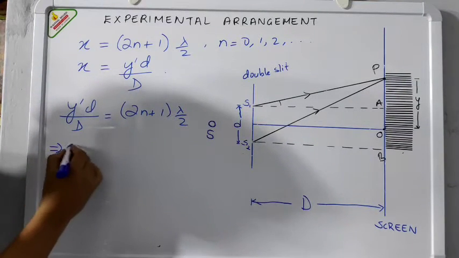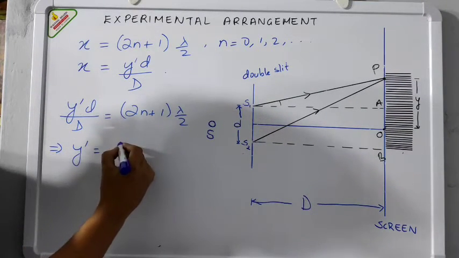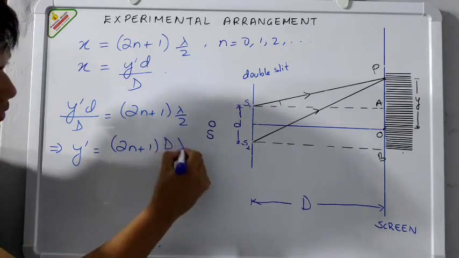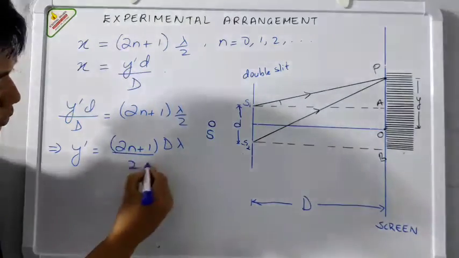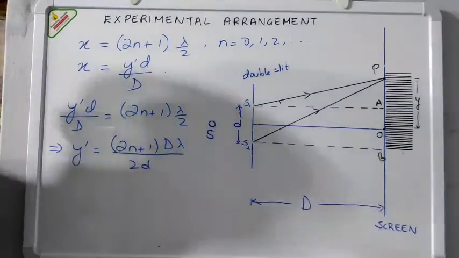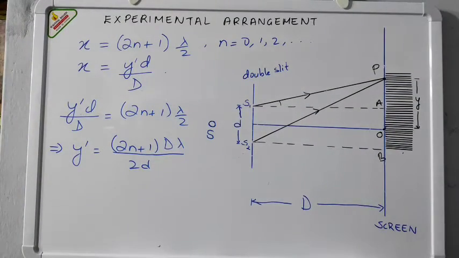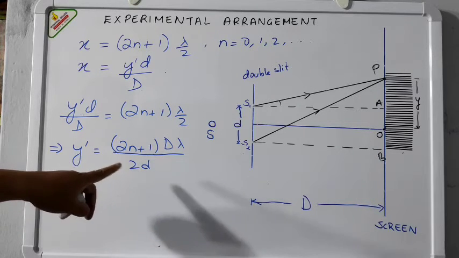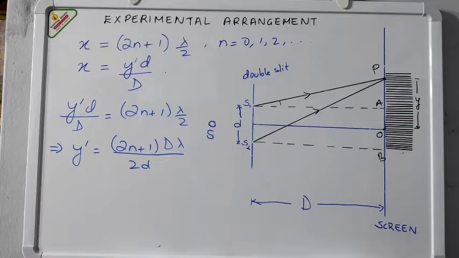Then y dash will be (2n plus 1) D lambda by 2d. This will be the positions of the dark fringes.